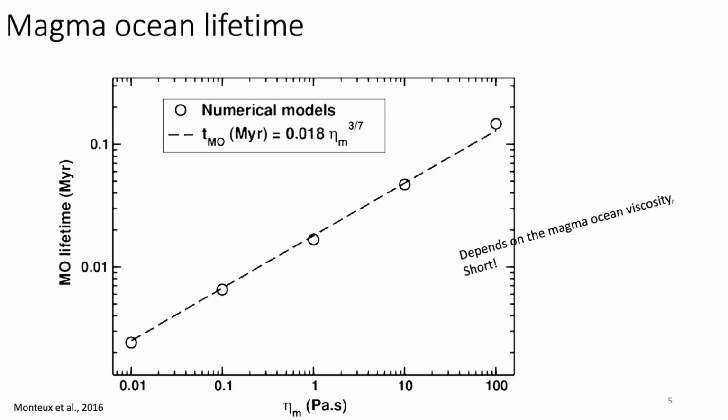I think that the common understanding is that the magma ocean cooled quickly, and I use this to illustrate that. I use this modeling by Julien Monteux and collaborators, showing the lifetime of the magma ocean, in million years, as a function of the viscosity of the magma ocean, which has some uncertainty, and its viscosity depends on the exact composition of the magma ocean, on what we know about the evolution of the viscosity of magmas as a function of pressure and depth.